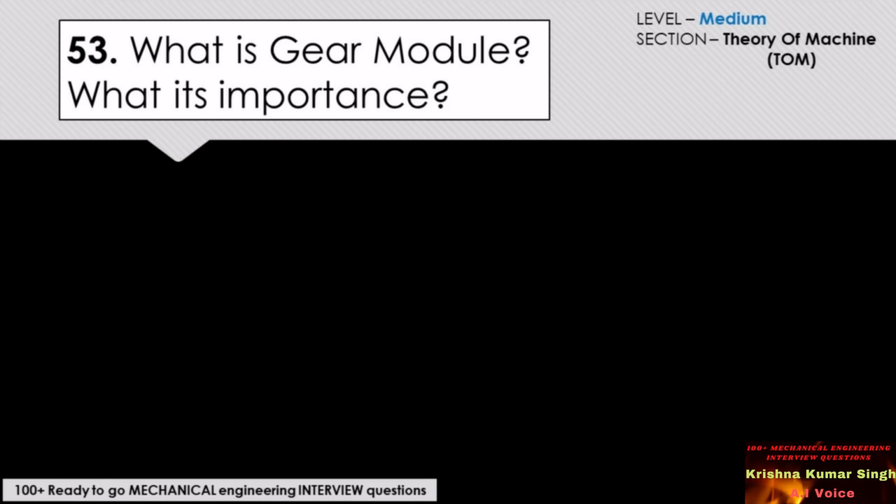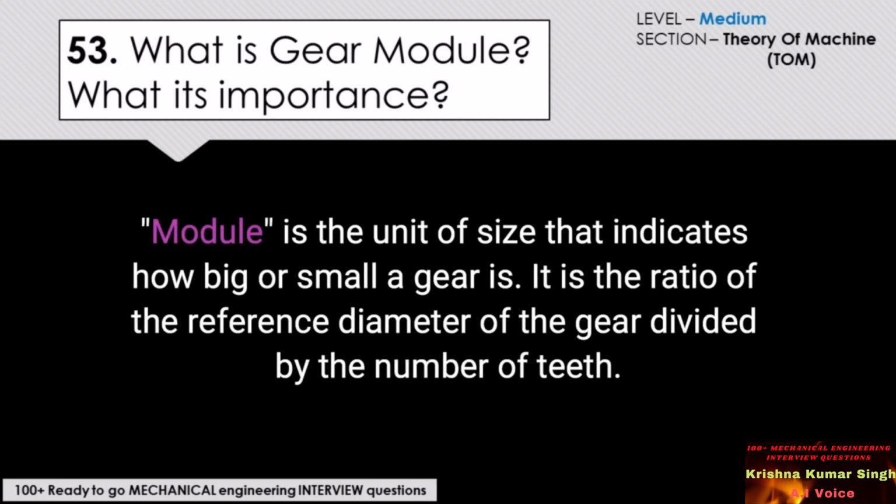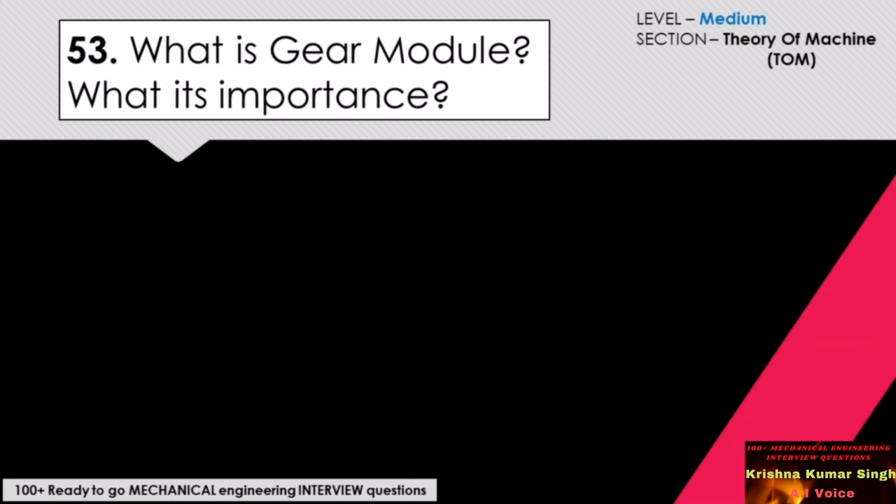What is gear module? Module is the unit of size that indicates how big or small a gear is. It is the ratio of the reference diameter of the gear divided by the number of teeth.